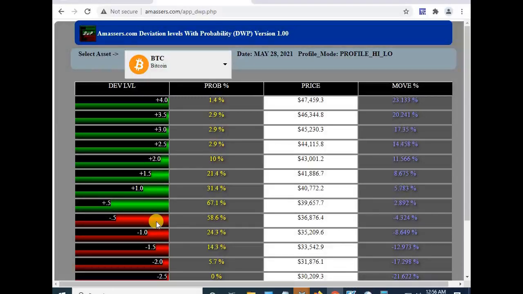We're usually supposed to get somewhere around one up or one down, and that's reasonable. In some cases that's going to be extraordinary volatility, but that's when you're in the realm of possibilities.